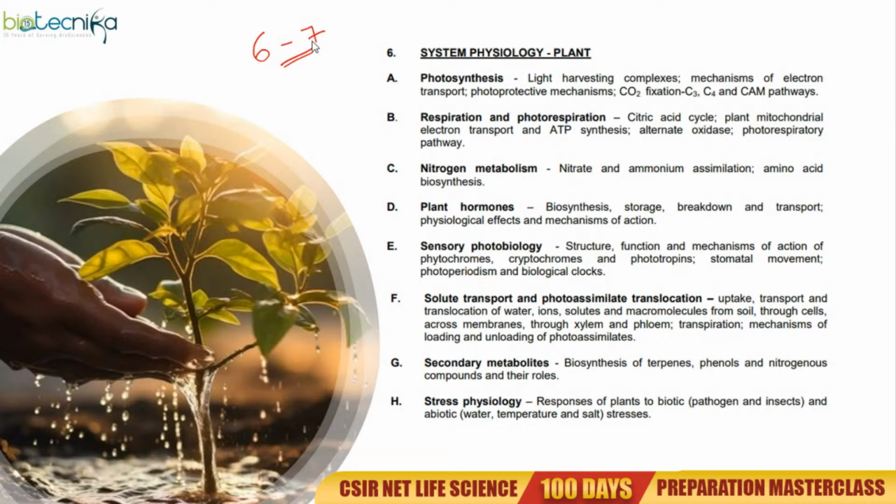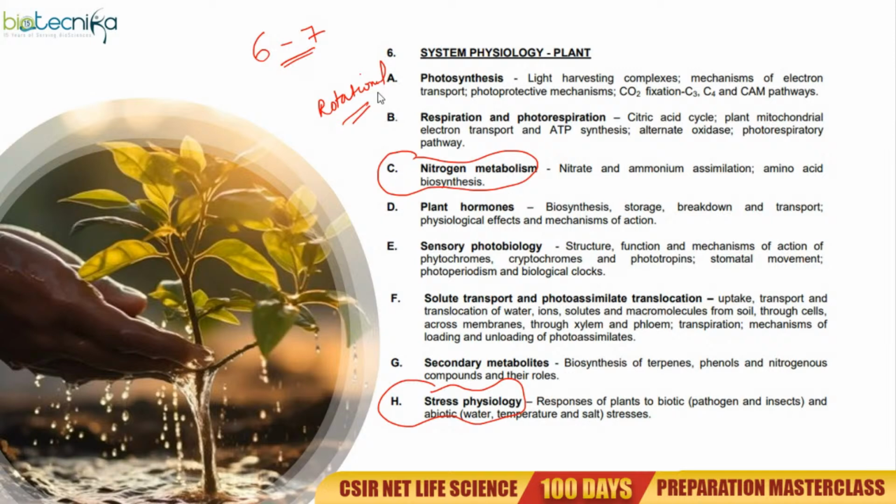So when it comes to Unit 6, you have many subunits, and the subunits which you can skip are the nitrogen metabolism part as well as the stress physiology part. I will not say completely skip because questions do come from here, but usually on a rotational basis. Rotational basis means not always, but sometimes you can get questions.